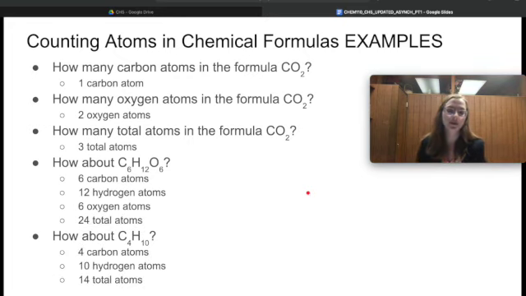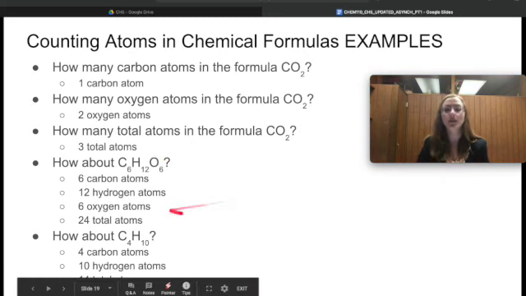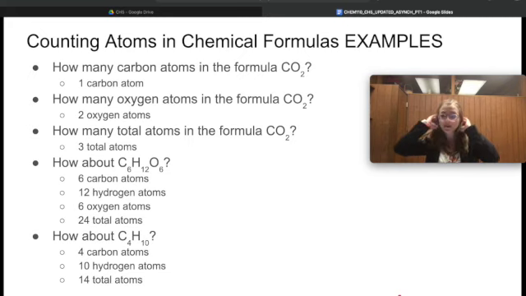So that's kind of how you can count these and figure these out along your way. If I give you a chemical formula, you should be able to easily look at it and determine how many atoms of each kind, as well as how many total atoms there are in a chemical formula.